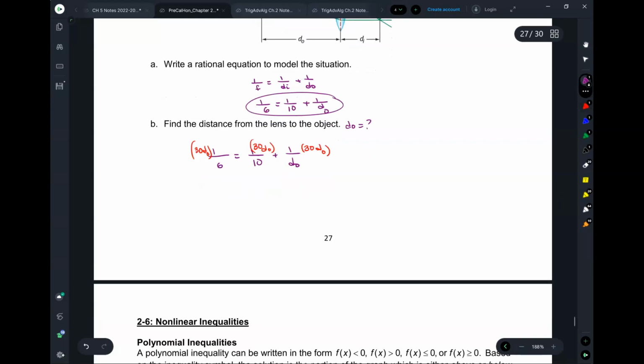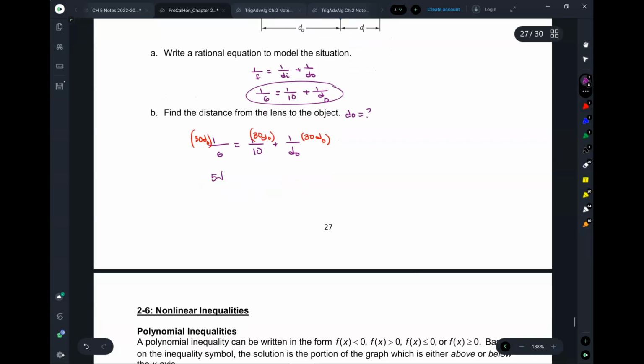Okay, so what do we get? 5 do equals 3 do plus 30. Bring the 3 do to the left side. 2 do is 30. And do is 15. So it's 15 centimeters. Okay, and that's all.